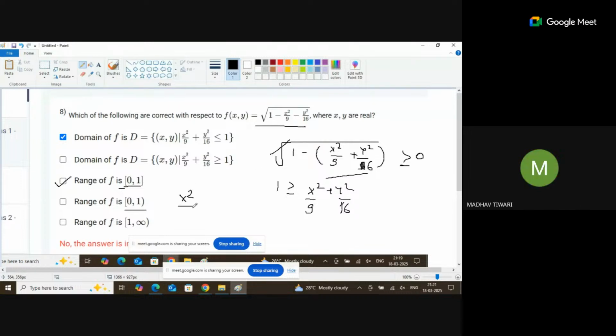Because x square by 9 plus y square by 16, suppose the x value you took is 3 and the y value you took is 4. Not 4, 3 by root 2 and 4 by root 2. So it will be 1, and 1 minus 1 is 0. So 0 will be included. And for 1, you can put x equals 0 and y equals 0. So what you will get here is 1 minus 0, which will be 1. True. Is that clear? Yes, sir.